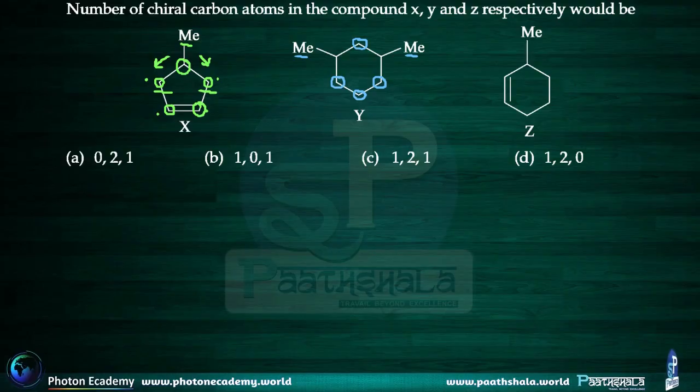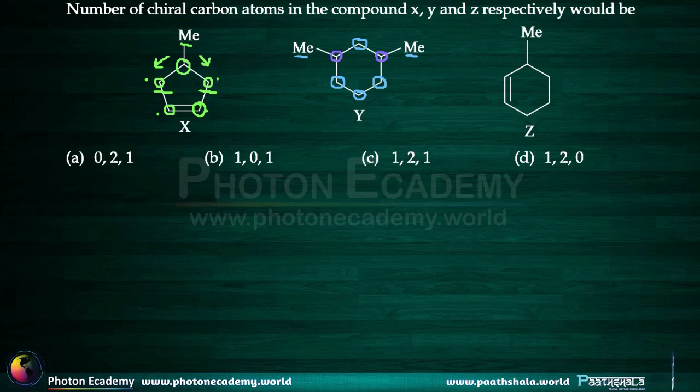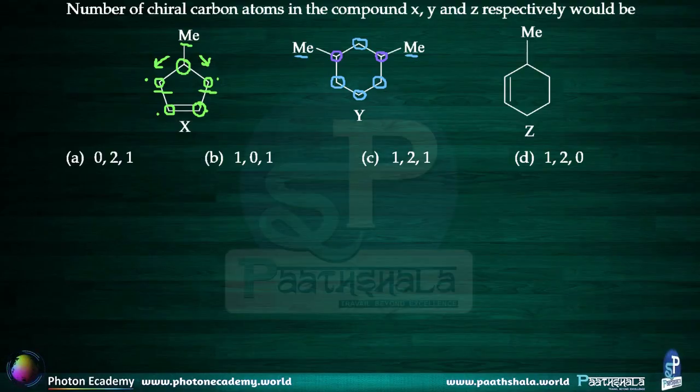But here what we observe is that these two carbon atoms are going to be chiral carbons as one hydrogen atom is bonded to both of them, one methyl group is bonded to each of them, and we also have this individual group that is bonded to both of the carbon atoms and this group.